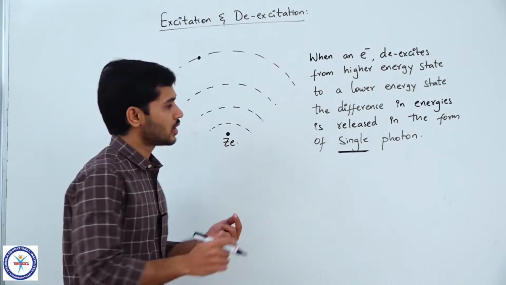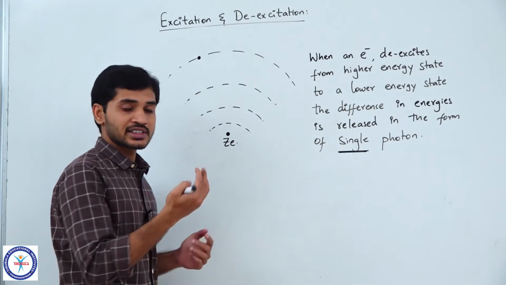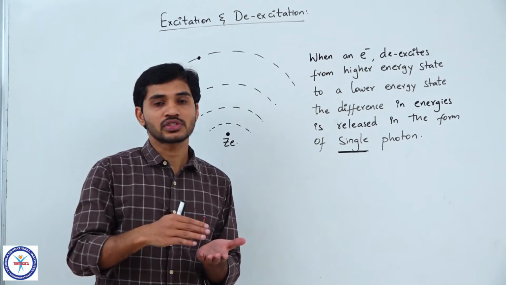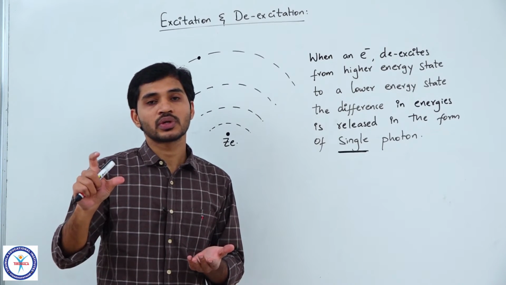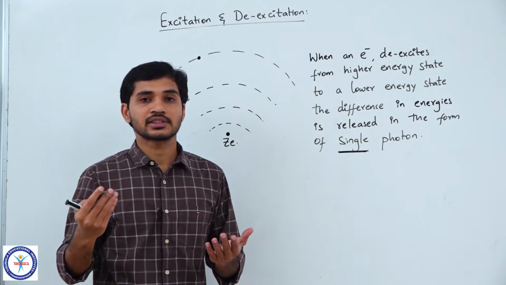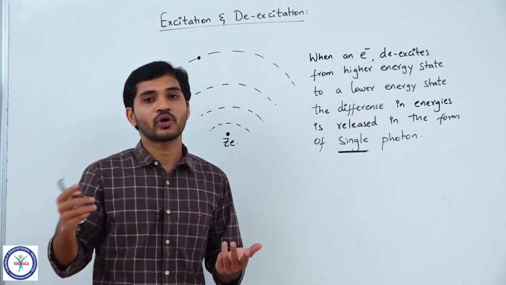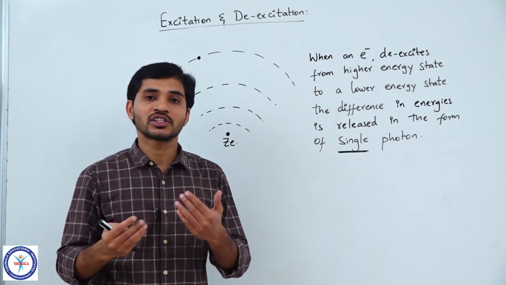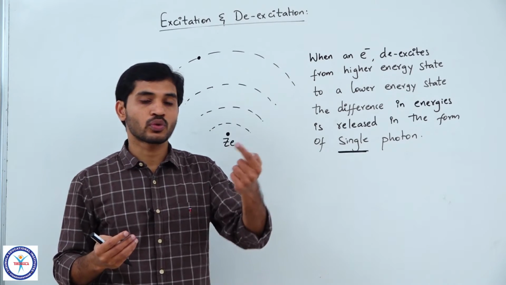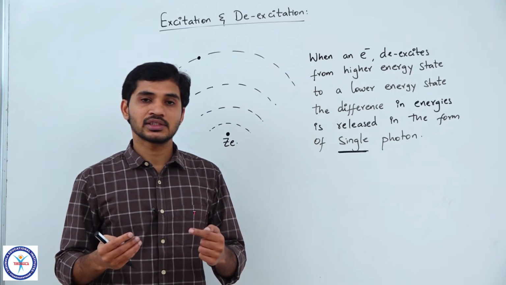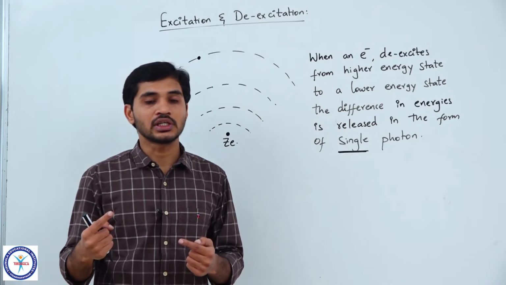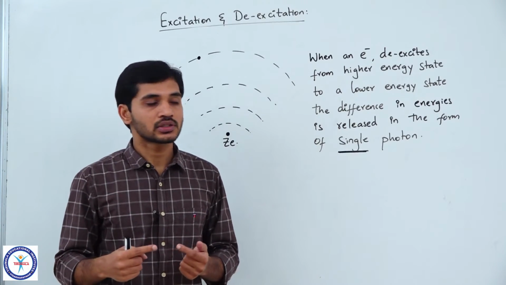You can't say that whenever an electron transitions, let's say from second state to ground state, the difference of 10.2 electron volts is released as 2 photons of 5.1 each. There is no concept of emission of 2 photons for one transition. One transition corresponds to 1 photon only. So this is something which should be very clear to you.